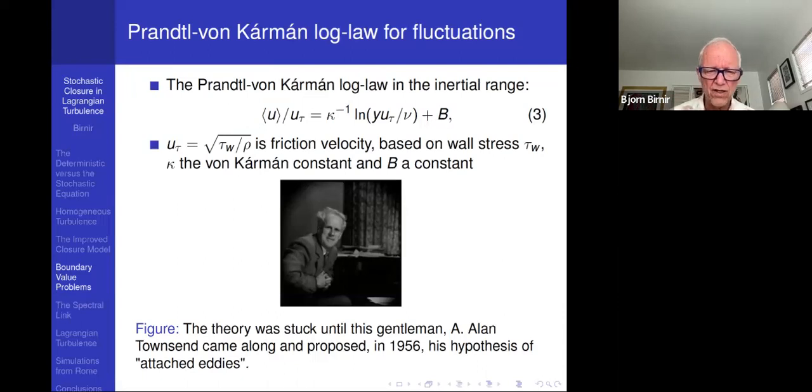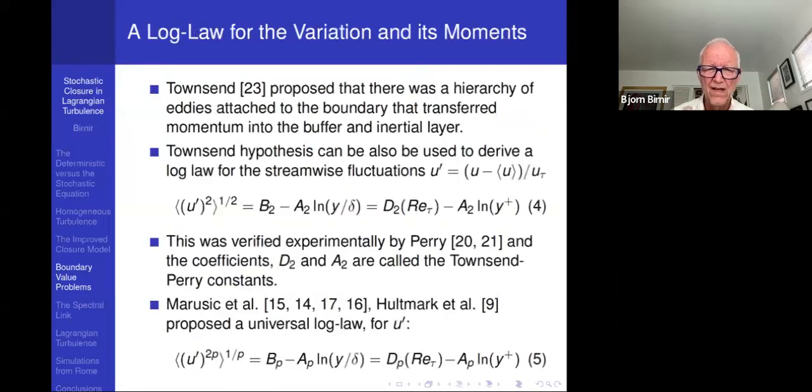It was basically stuck until in 1956, this gentleman, Alan Townsend, an Australian, came along and proposed his theory of attached eddies. What he said was that the way that momentum was brought from the boundary into the fluid was by a hierarchy of eddies that were attached to the boundary. Then he used this hypothesis to show that if you look at the fluctuation or the velocity deviation from the mean, and you look at the streamwise component, then that also satisfies a log law.